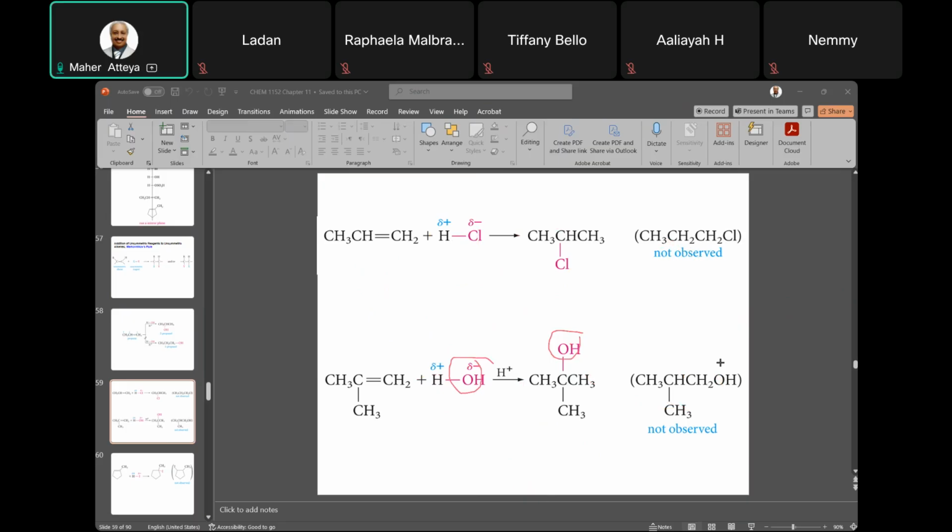The first carbon is not observed, because that would lead to a primary carbocation, which is the least stable. So that's a secondary carbocation. The second carbon is positive and the chlorine is negative. And this one, the OH is negative and the hydrogen here is positive.